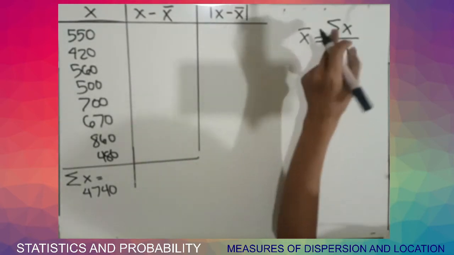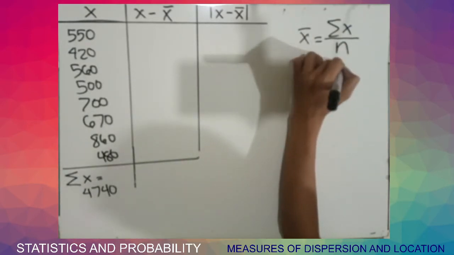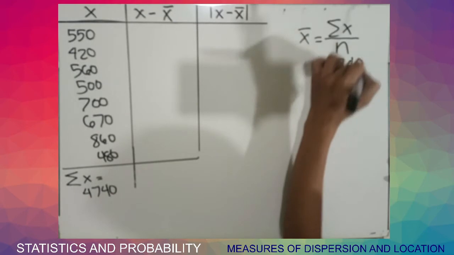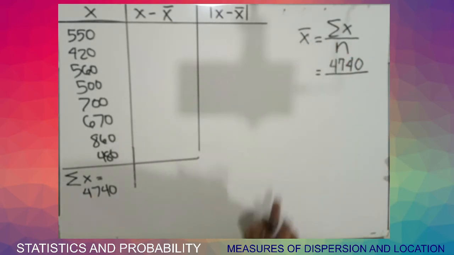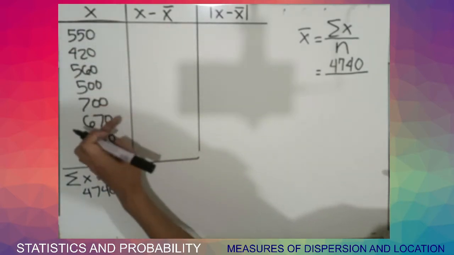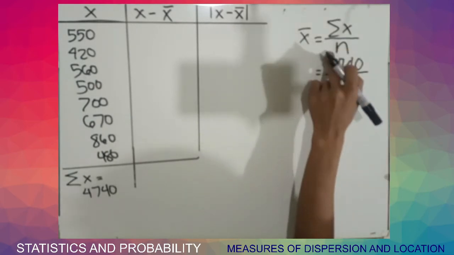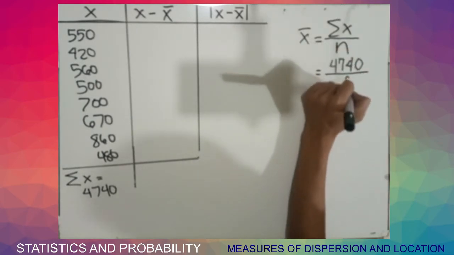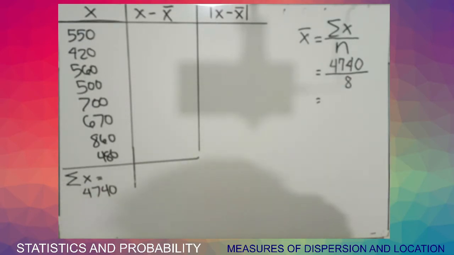Since alam na natin yung value ng summation of x, isasubstitute lang natin. So, 4740 divided by, ano yung n natin? Bibilangin natin yung data natin. So, 1, 2, 3, 4, 5, 6, 7, 8. Okay? So, 8 yung magiging value ng ating n. So, 8. So, divide natin.